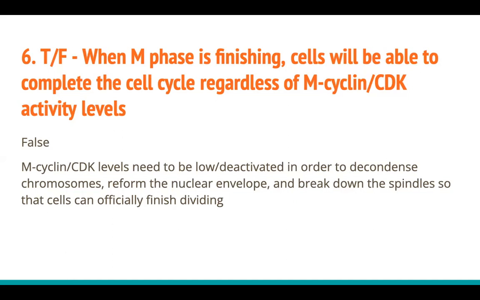But at the end of the cycle, you want no more M cyclin CDK, or a lower deactivated level of it, so that your chromosomes can recondense, your nuclear envelope can reform, and your spindles reform as well, so that the cell finishes its cell cycle. Because if your M cyclin CDK levels don't go down, you'll never be able to finish your cell cycle, and it'll just keep going, and that might cause a mutated cell.